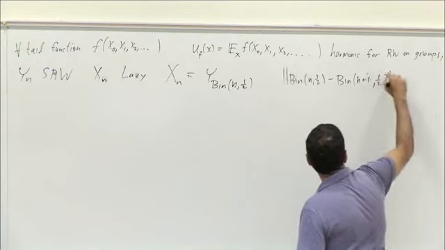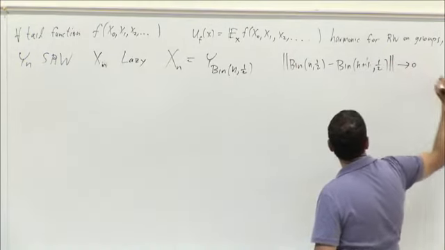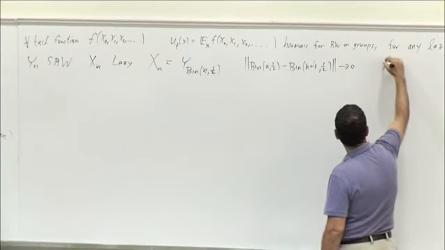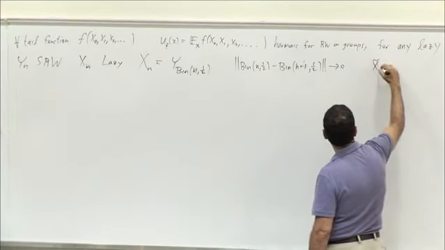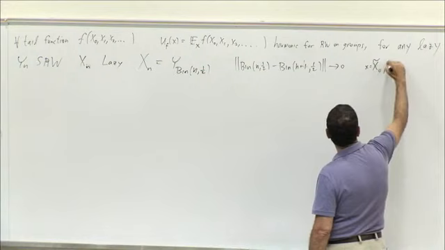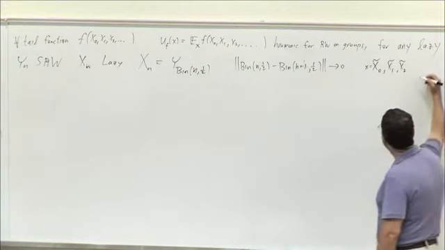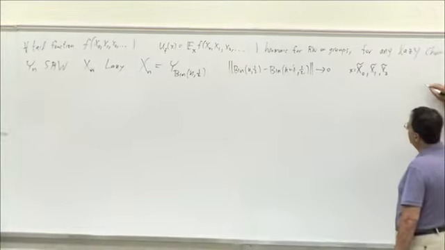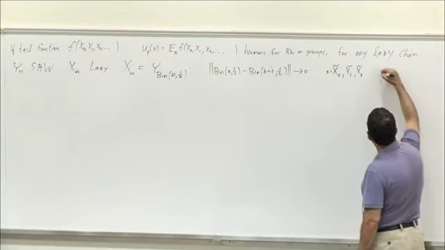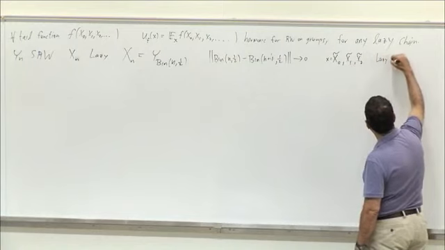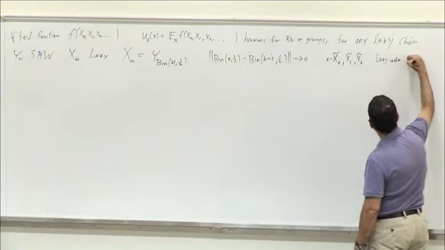So this total variation goes to 0, which means that we can define another copy of the walk, X_0 tilde. So we start at x. And we can couple the two walks, so this is the lazy walk, and another copy.